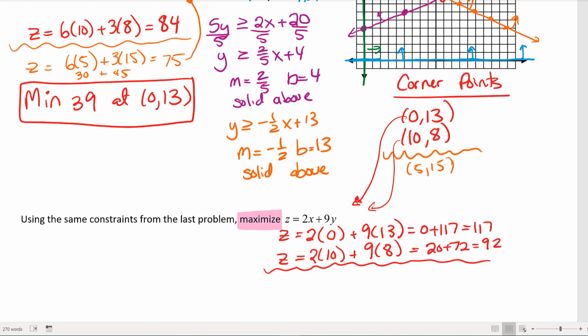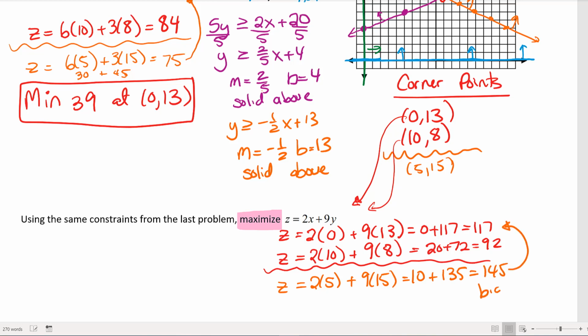So what if I tried another point, like the 5, 15? 2 times 5 plus 9 times 15, that's going to be 10 plus 135, which is 145.